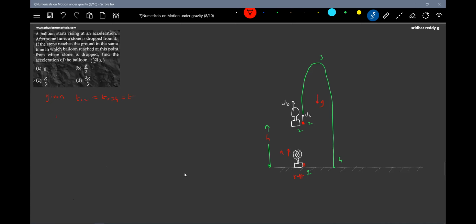So here you bring all the things. First we'll calculate the UB. UB should be equal to at. Acceleration of the balloon is a. Then h equals a t square by 2. Then minus h equals US t minus g t square by 2. Now look, UB should be equal to US. Any reason?